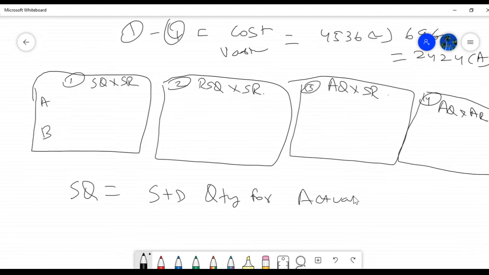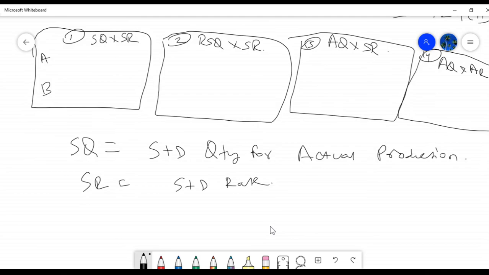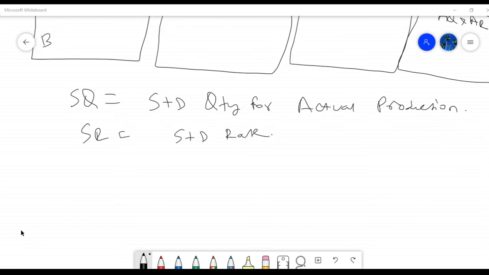Now the point is whether standard quantity for actual production is available directly in the question. It is not available. Why? Because if you go through the question, what is the standard data available? 450 raw material for A, 360 raw material for B, total raw material 810.